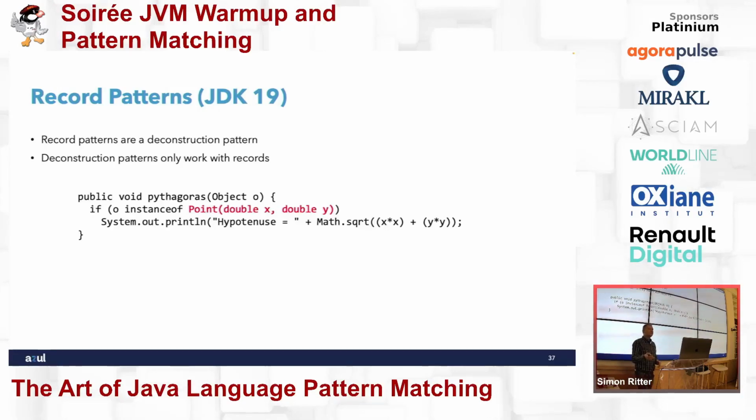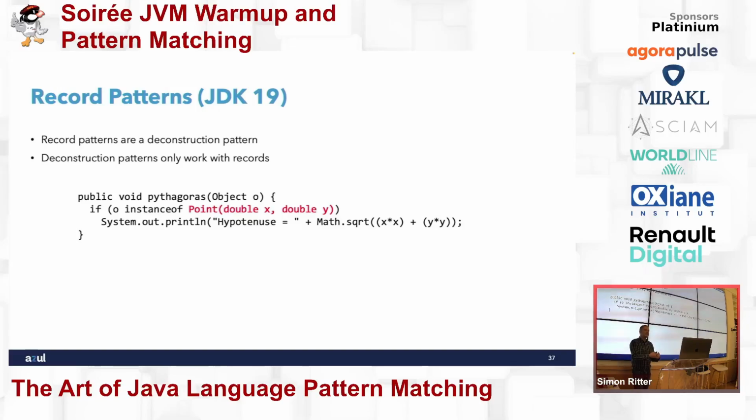And that simplifies things because now, rather than simply giving the name of the record, you give the record declaration: o instanceof Point(double x, double y). And then the variables that we've got there in terms of the record contents, double x and double y, we can reference those because the compiler will deconstruct the Point record and give us access to those variables automatically.